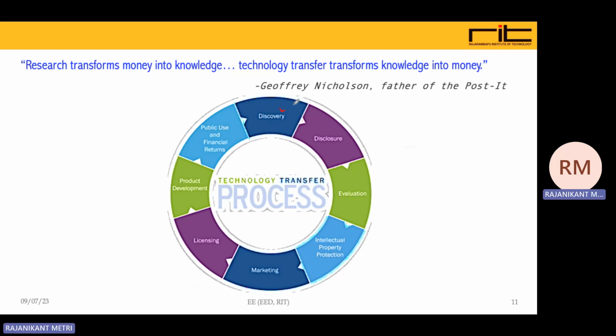That is discovery, then disclosure, then evaluation, then intellectual property protection, marketing, licensing, and then product development, and then public use and financial returns. So this is a cycle of the technology transfer process.